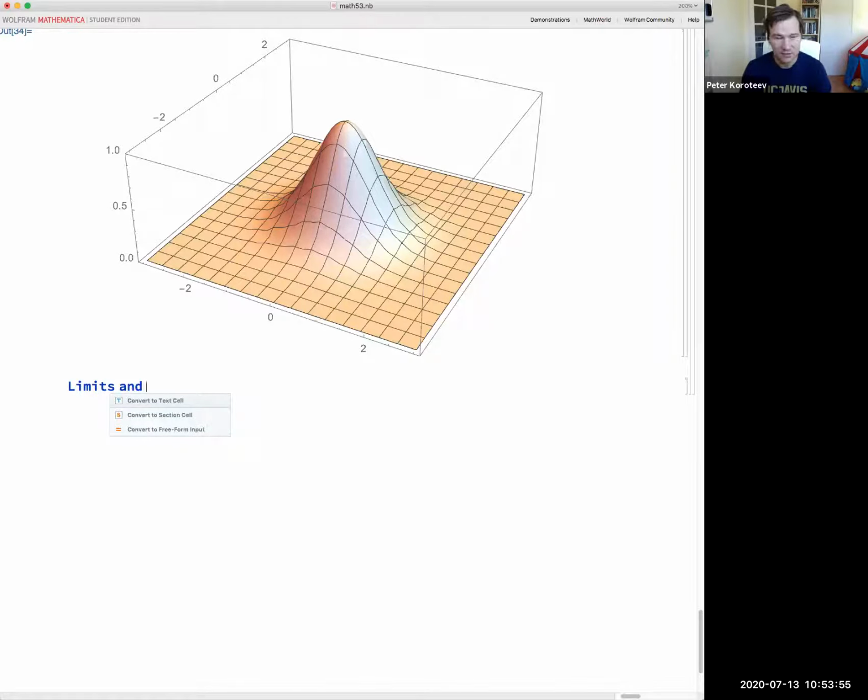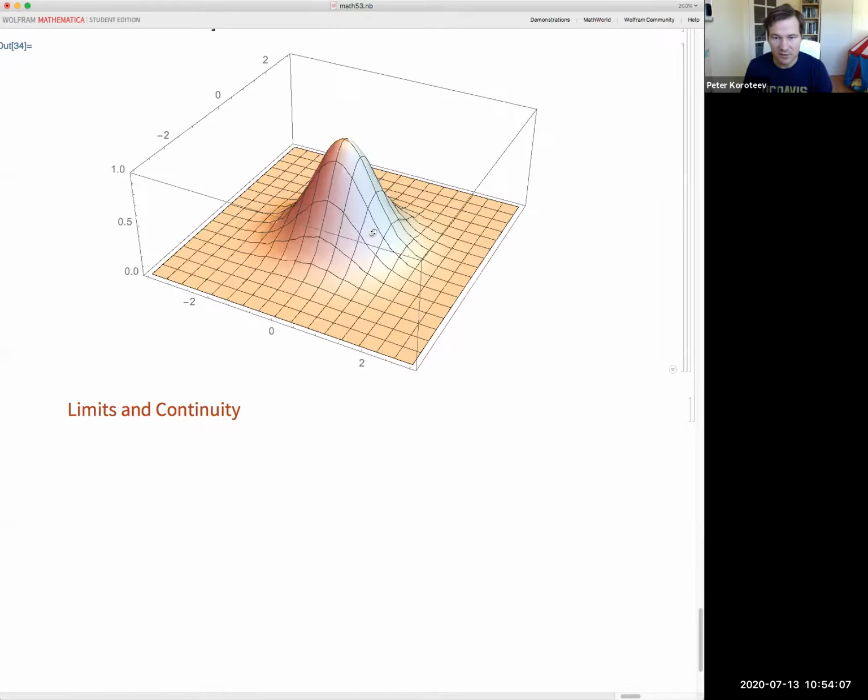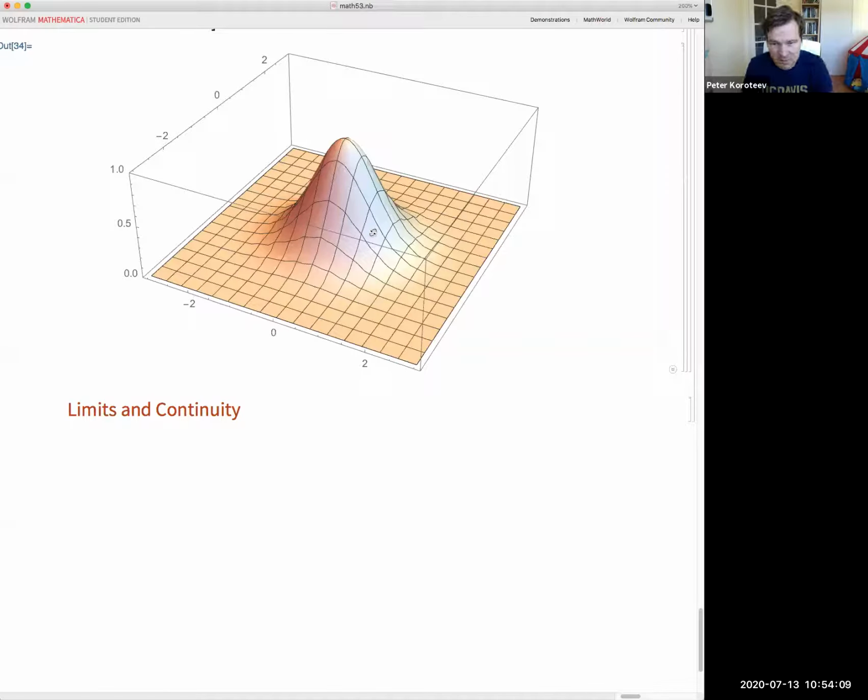You can see already, based on the examples that we got, that it's much more interesting than a function of one variable. Because here, clearly this shape is smooth and continuous.